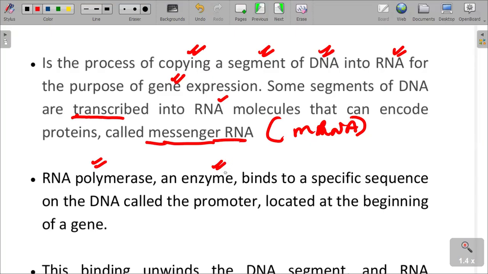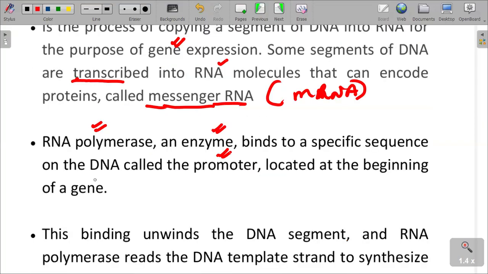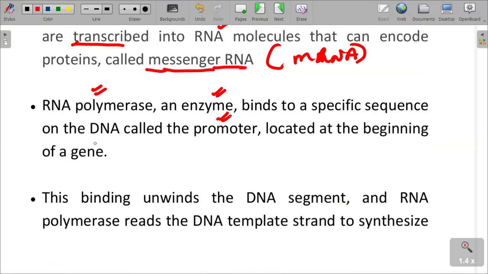It binds to a specific sequence on the DNA called the promoter, located at the beginning of a gene. So the polymerase enzyme speeds up the formation of mRNA by binding to the promoter, which is located at the beginning of the gene.